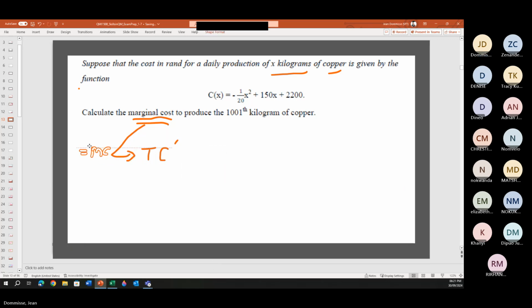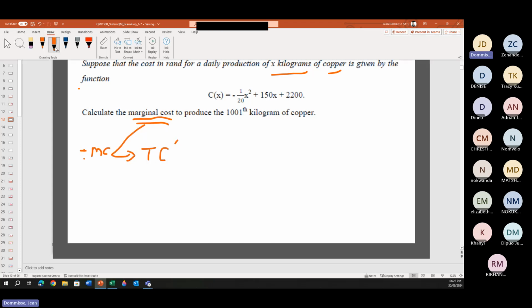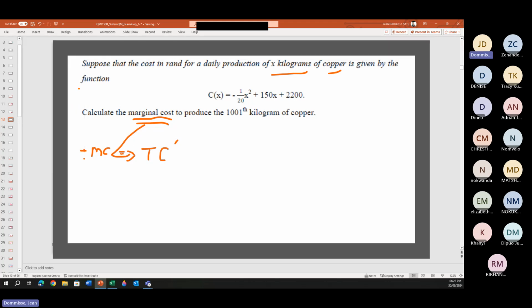So when I want to get my marginal cost, how do I get from marginal cost my answer?